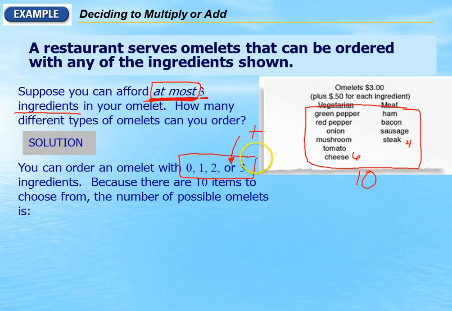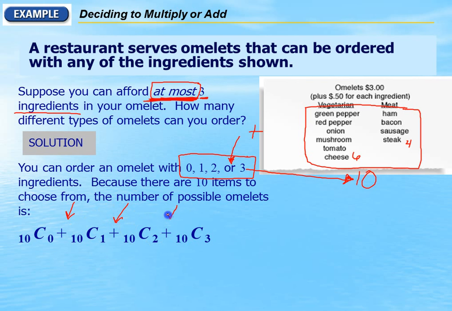So how am I going to write this out? What are these out of? These are all out of how many? 10 choices. So it's 10 choose, because does the order matter? Nope. So it's 10 choose 0, or 10 choose 1, or 10 choose 2, or 10 choose 3. And again, since these are ors, we're adding.